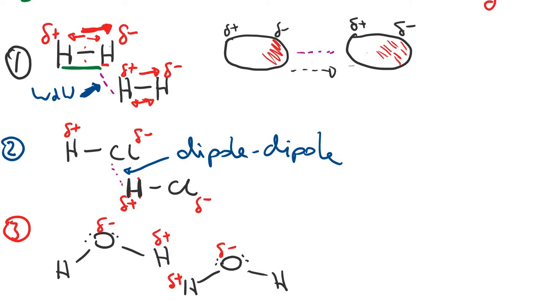Now, that highly electronegative atom is either going to be an oxygen, a nitrogen, or a fluorine. So in this case, it's just the oxygen. So the force of attraction that exists here is the one between that partially positive hydrogen atom and the lone pair of electrons on this oxygen atom, and that is called a hydrogen bond, and that is by far the strongest of the intermolecular forces.